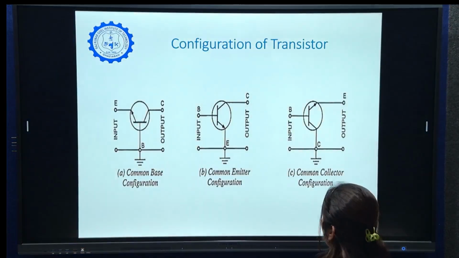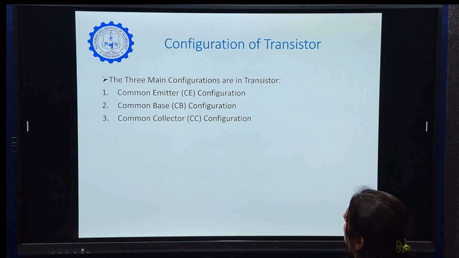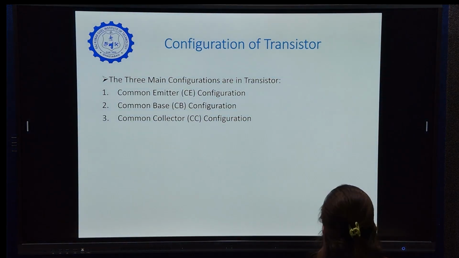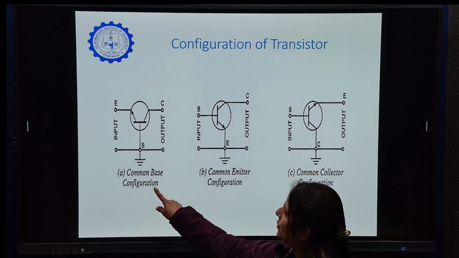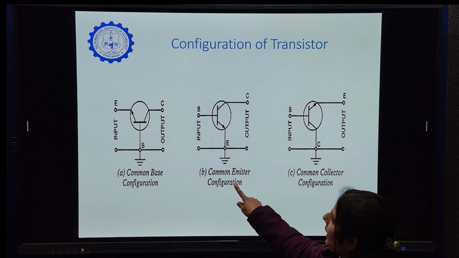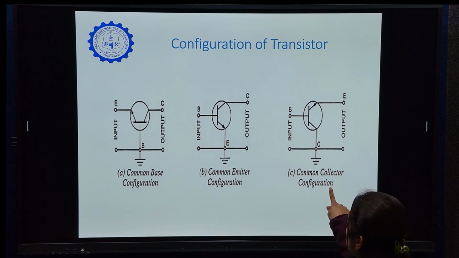It means how we can bias the transistor through the different regions. This is common base configuration, this is common emitter configuration, and this is common collector configuration.